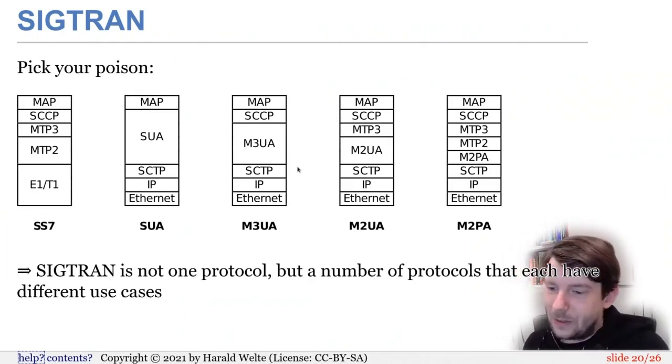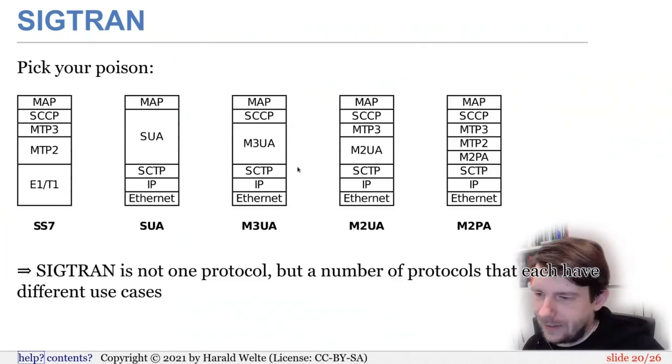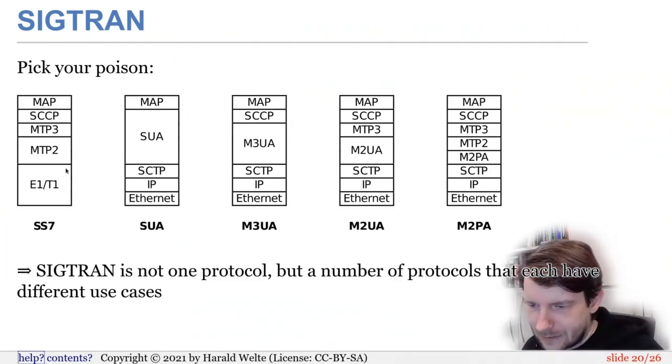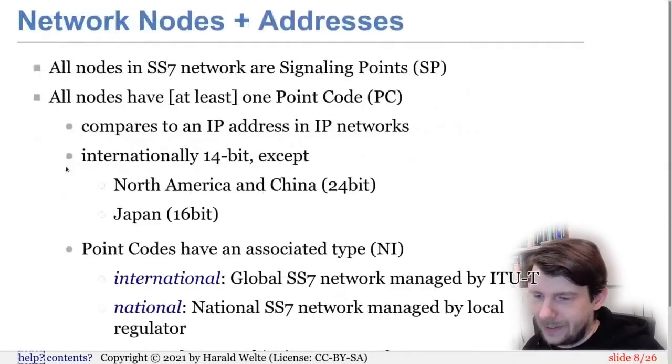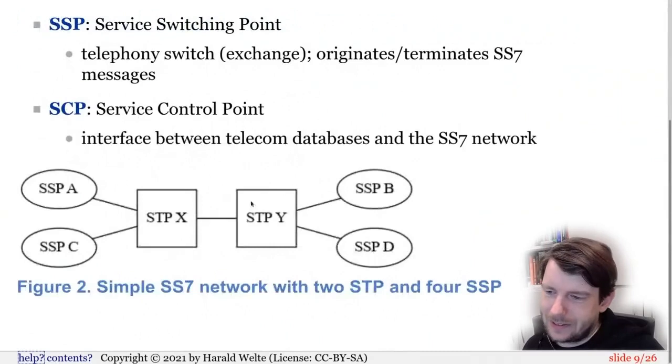Now, why did they develop all these different variants? Of course, they all have their use cases, and it depends on what you want to achieve. Let's say you have an existing SS7 network, going back to this diagram. It used to be connected all by TDM lines, and now for whatever reason we want to remove this TDM line and replace this connection between those two STPs with an IP-based transport.